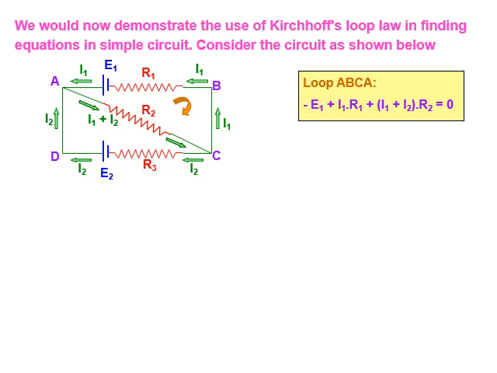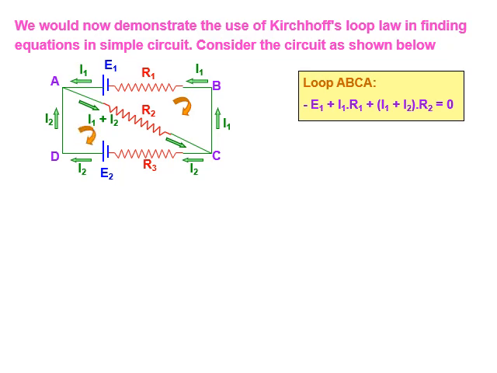Now, while moving from B to C, nothing is there, neither the battery nor the resistance. From C to A, I have R2 and the direction of current is opposite to that of my direction of traverse. So, I will take the potential as (I1 + I2) into R2, and that is also in the positive direction, equals 0 according to the second law.